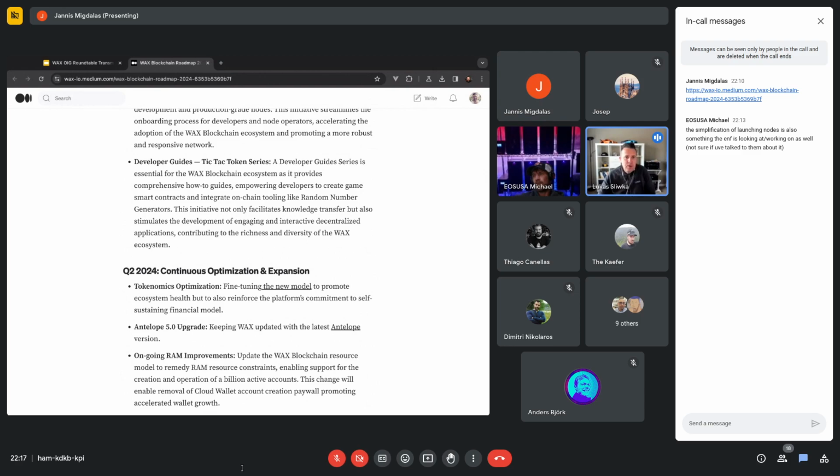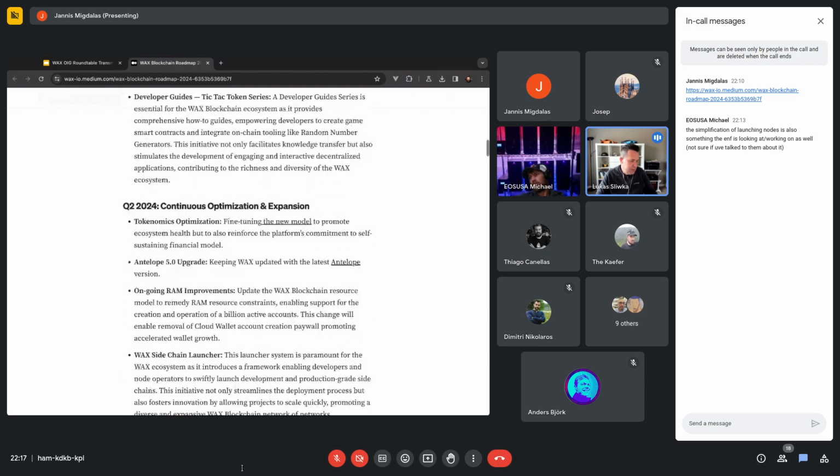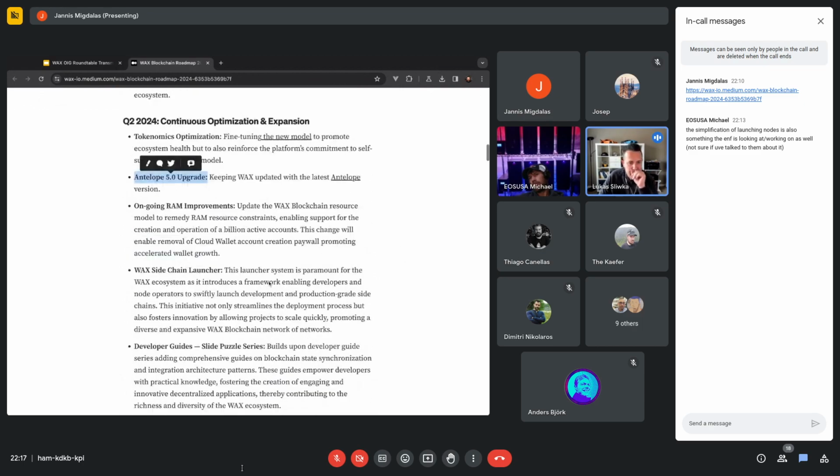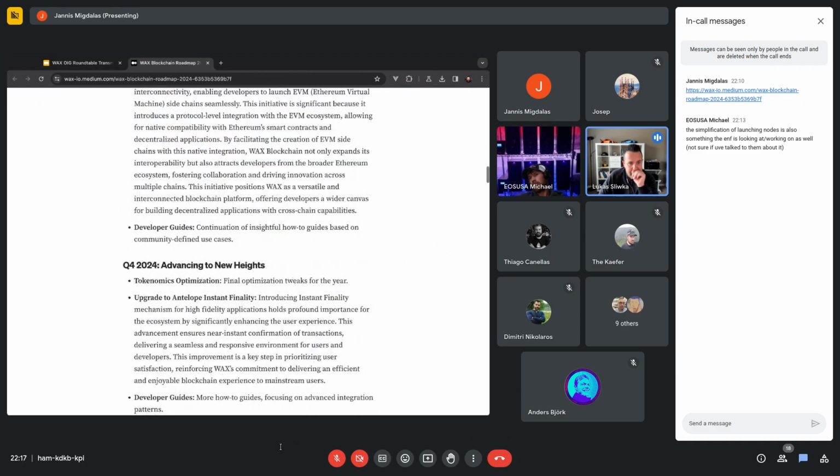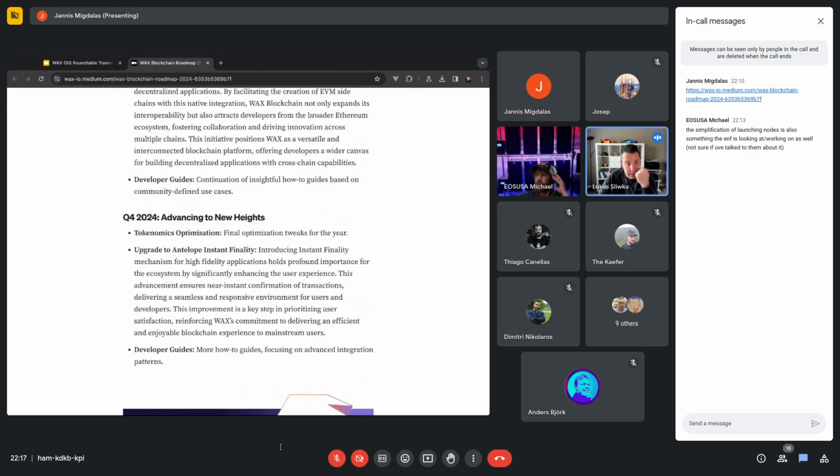Yeah, so that's the protocol. And then along the lines, we're going to also do our normal Antelope protocol upgrade. So we want to upgrade to 5.0 at some point. Once instant finality is available, we'll probably upgrade to that version. So hopefully that's going to happen in 2024. And then there's a whole bunch of other things on the Cloud Wallet side.